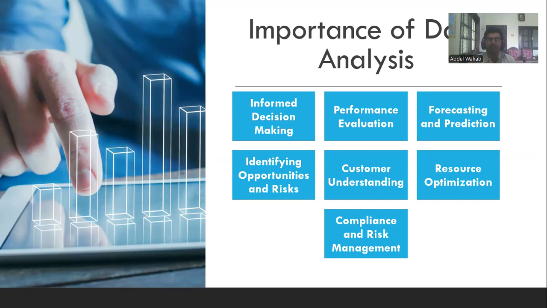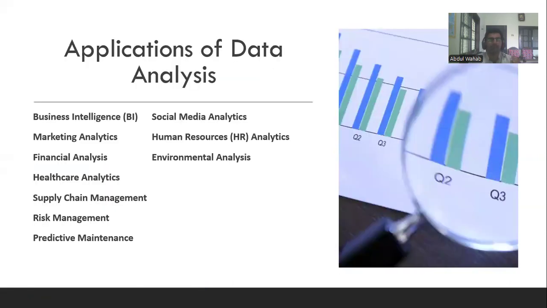Identifying opportunities and risks: businesses find out what the frauds and risks are that can occur if they analyze their data. And customer understanding: if a business wants to know the purchasing behavior of its customers, how can it find out? It can find out using the data analysis process. Resource optimization, compliance and risk management are just examples of data analysis.